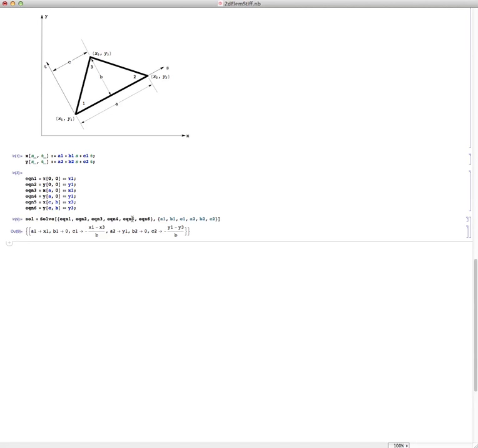Okay, now we want to determine what the shape functions are in the global coordinates. I just pasted in the shape functions we had derived earlier in the notebook for a triangle. But now in the global coordinates, we have x1, y1, x2, y2, x3, y3.